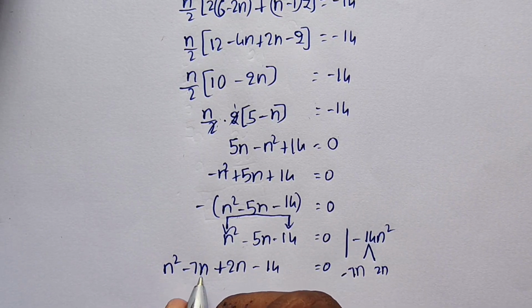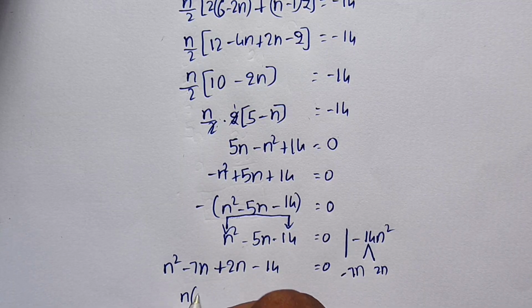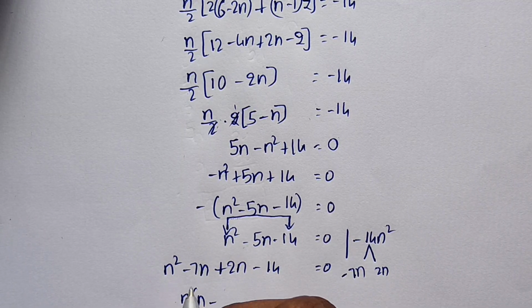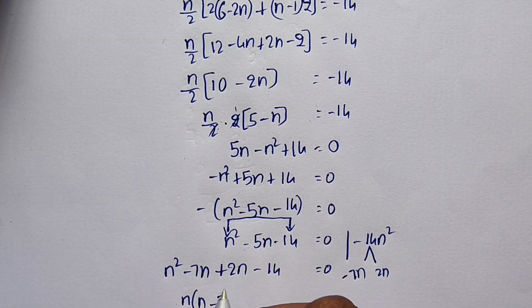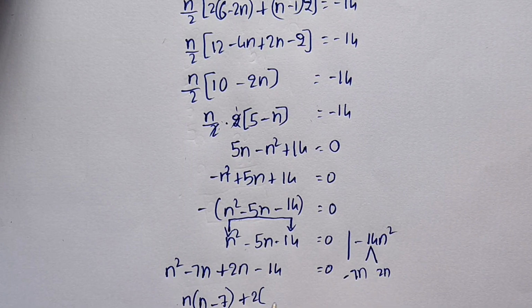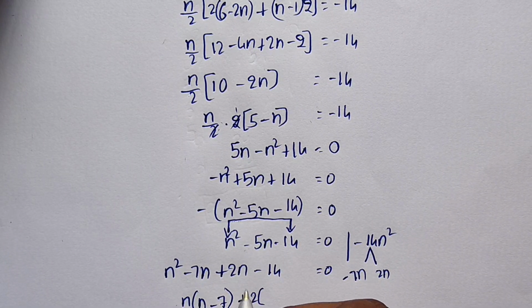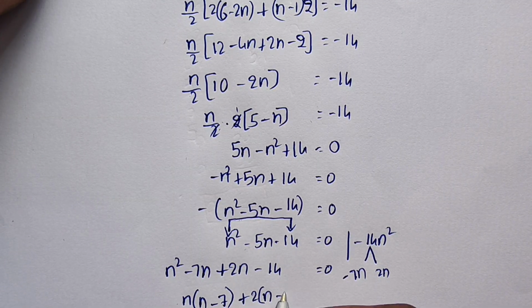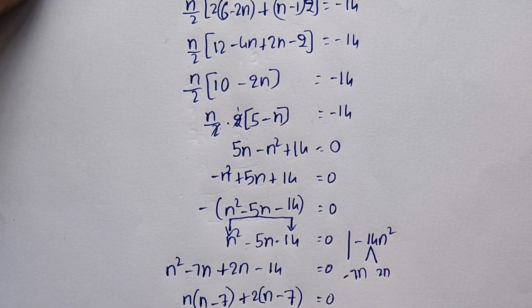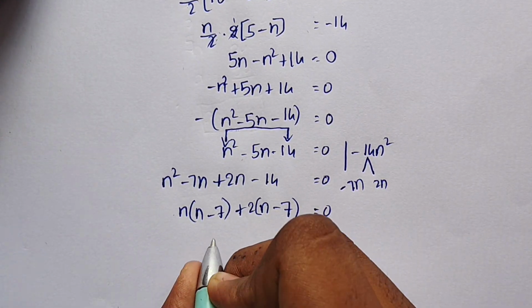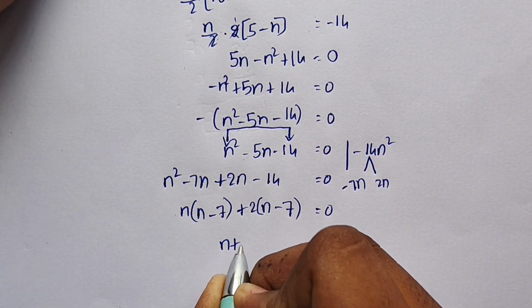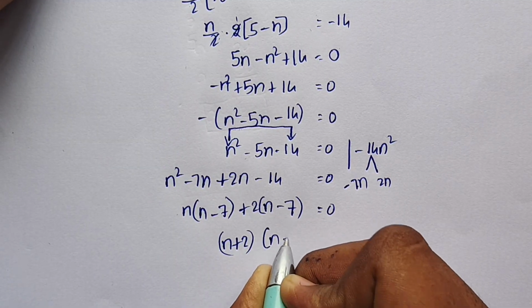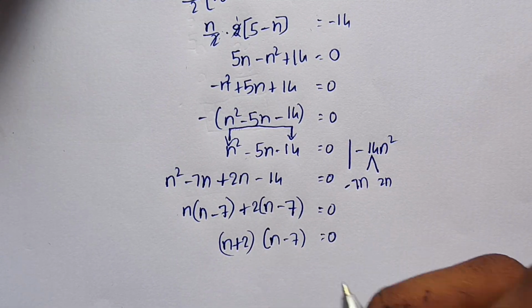Here in n square minus 7n, I am taking n common: n into (n minus 7). Plus 2 of, here I am taking 2 common: 2 into (n minus 7), since 2 sevens are 14, equals 0. So (n plus 2) into (n minus 7) equals 0.